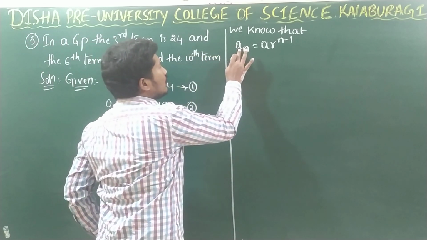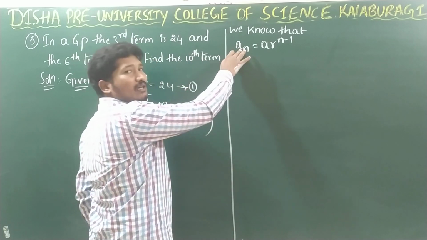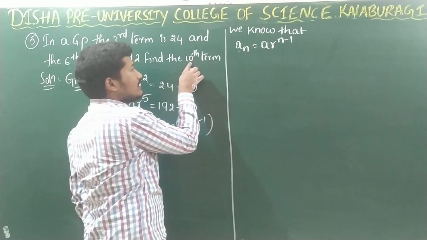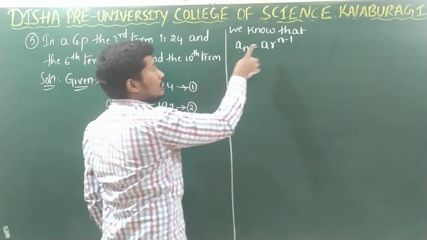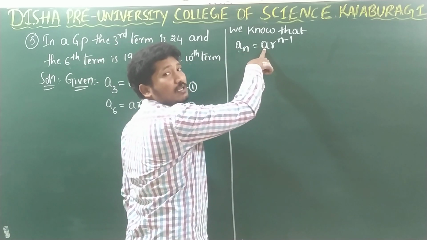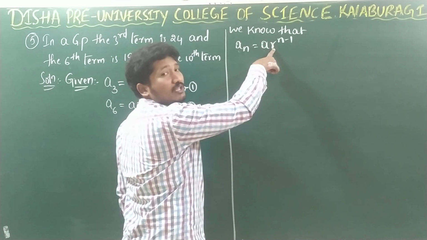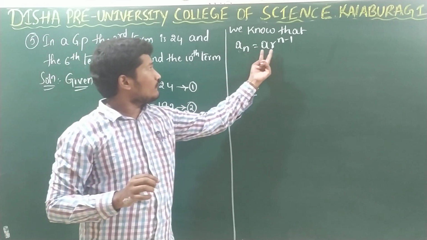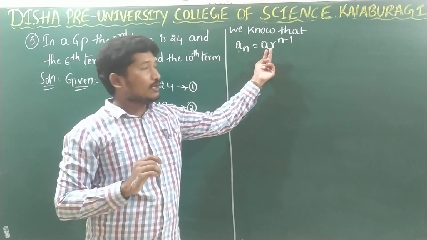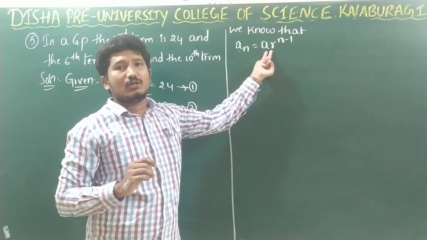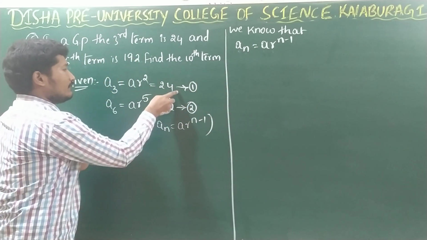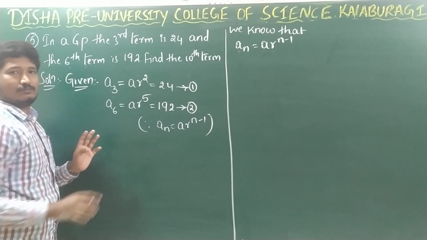So in order to calculate the 10th term of the GP, you need to know the value of n. It is already there. n is equal to 10. You need to know the value of first term and you also need to know the value of a common ratio. So first we have to find these two.